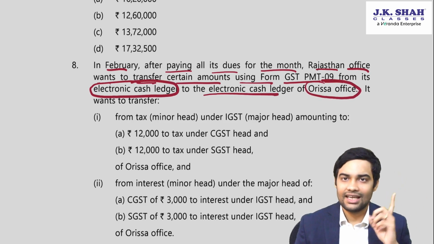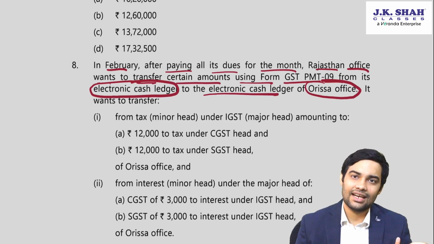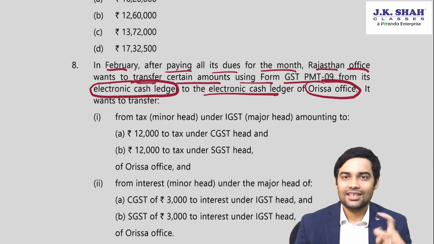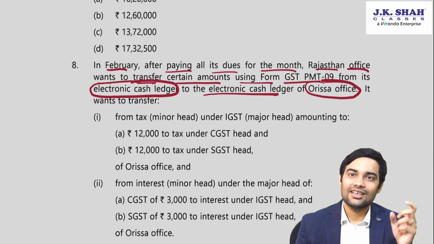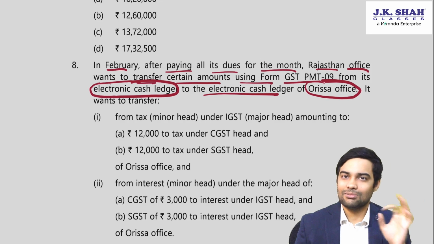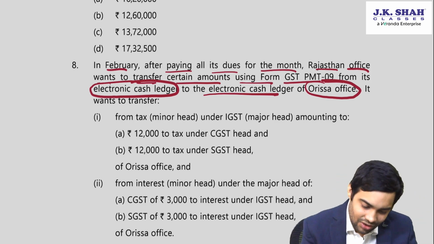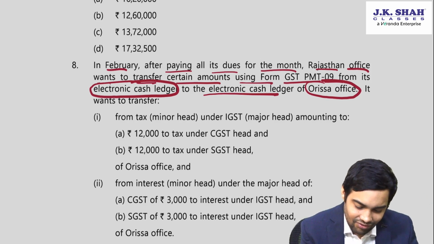For CGST and IGST, you can do it. The SGST Act even today is not amended. CGST and IGST you can transfer within the e-cash ledger of one distinct person to another distinct person under the same PAN. You should have paid all your liabilities, which is already given in the question.